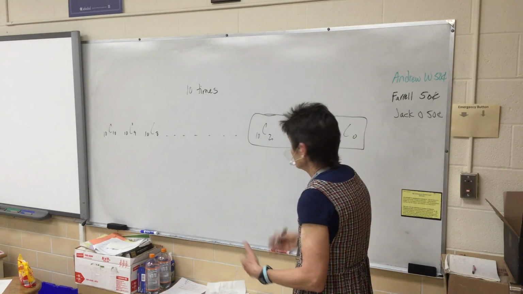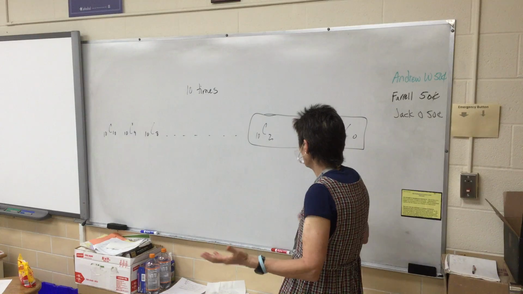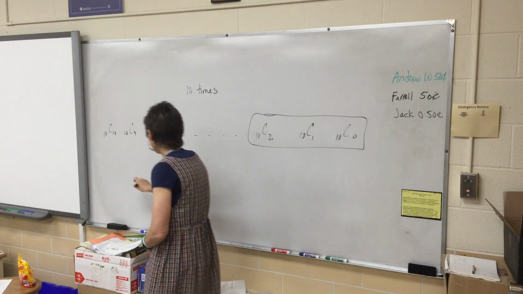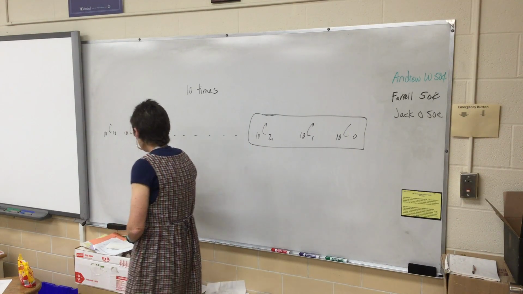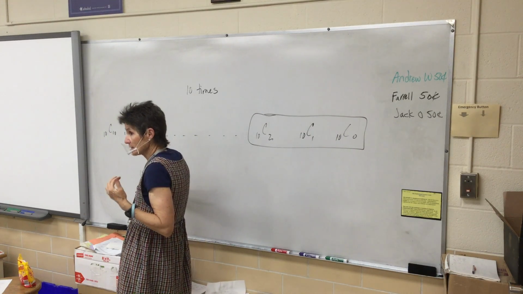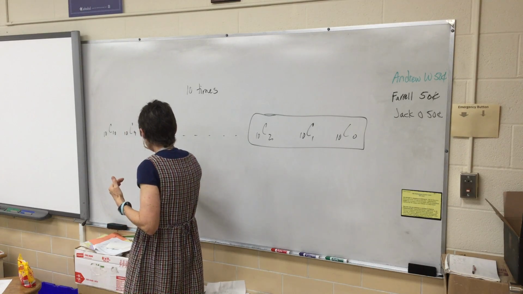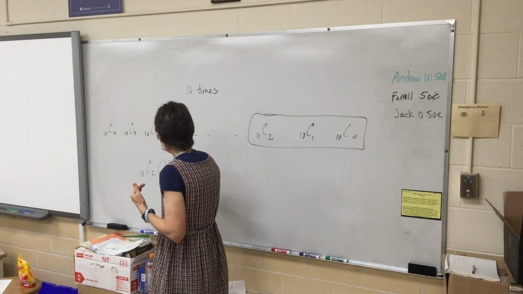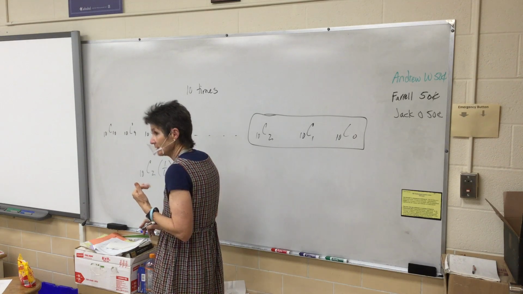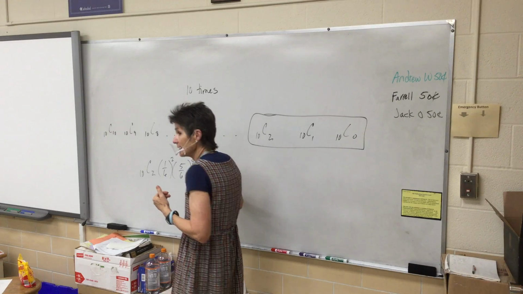Now, I just have to do 3 problems. Okay? I'm going to do 3 problems now. So 10C2 means I roll the die 10 times and I get 2 6s. So the probability of a 6 is 1/6, and not a 6 is 5/6. And I want 2 6s, and that must mean I get 8 of the others.